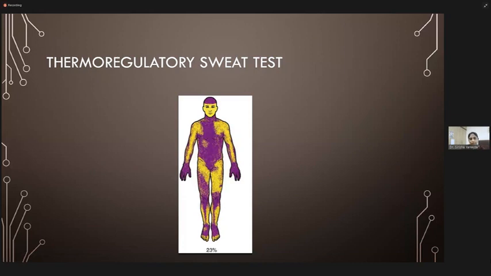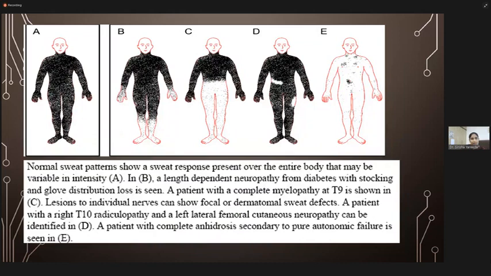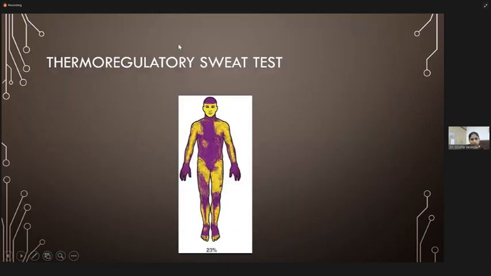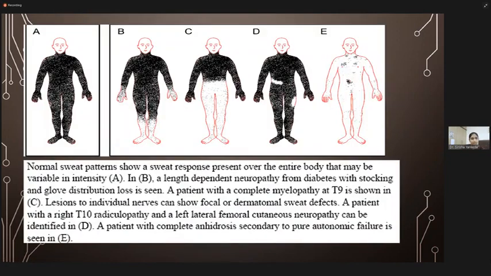So he is exposed to particular graded temperatures and we are quantifying the pattern of sweat production by using a dye. We all know that alizarin dye is used here. Normally we know that cornstarch reacts with iodine, and then you get a change in color which can be picked up. If you check this thermoregulatory sweat test, these are some of the examples.